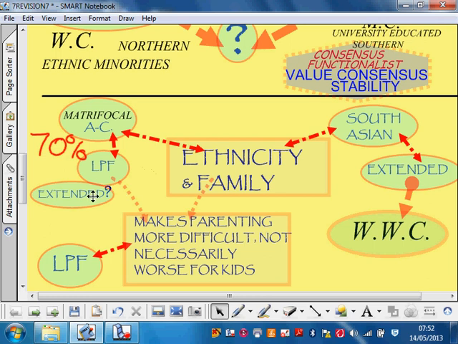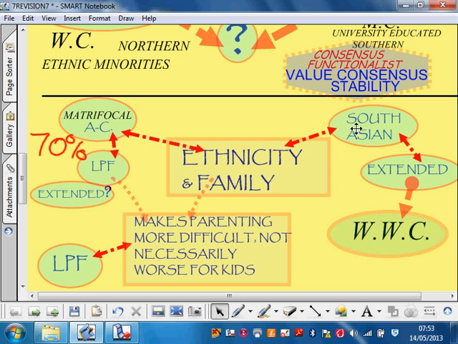But it might actually be, upon second study, a bit more of an extended family in disguise. These black women who have their kids and their partner's not around actually are not really lone parents. They have their mothers and their sisters and their family to help them. So it's a bit of a mistake, we think, to think that Afro-Caribbean people are all lone parent families. It's more of an extended family in disguise.